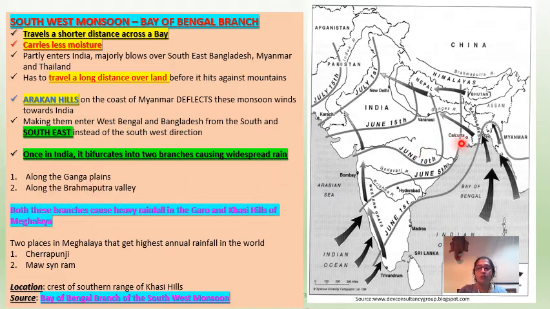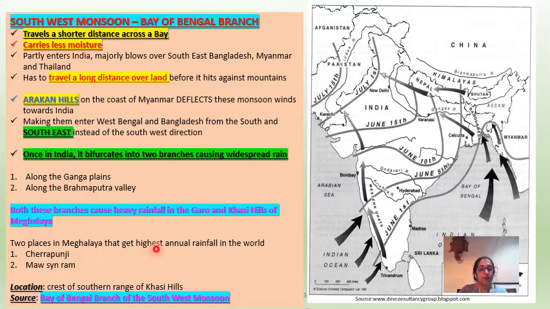Along the Ganga plains, they were diverted here, and along the Brahmaputra valley, here in Assam. Both these branches cause heavy rainfall in the Garo and Khasi hills of Meghalaya. So both the branches of the Bay of Bengal branch of the southwest monsoon are going to cause rain in the Garo and Khasi hills of Meghalaya.